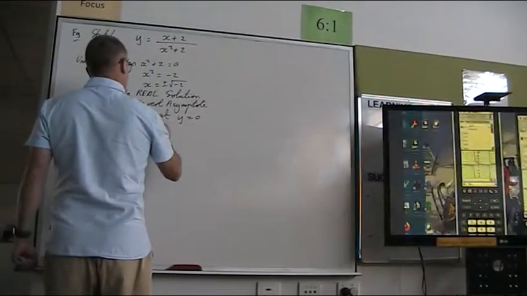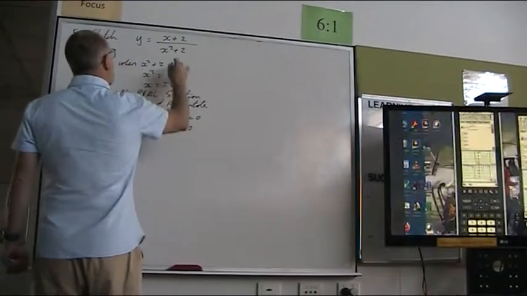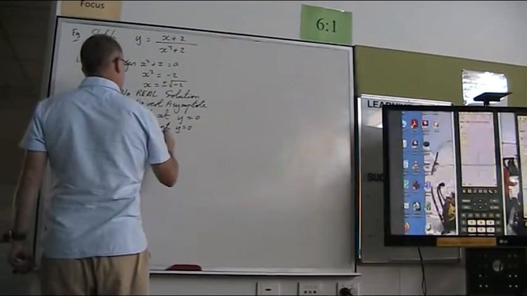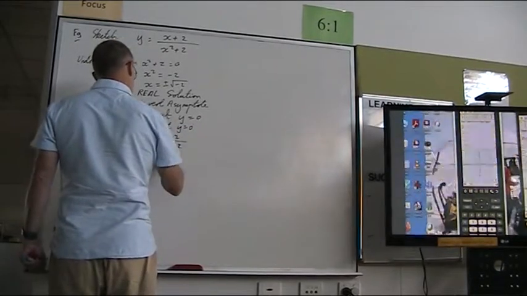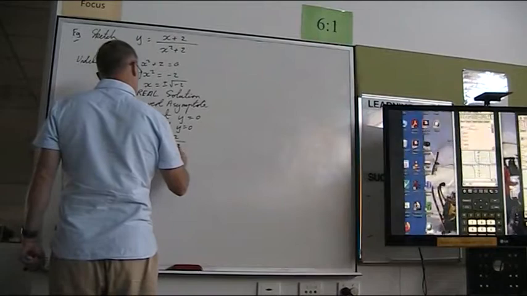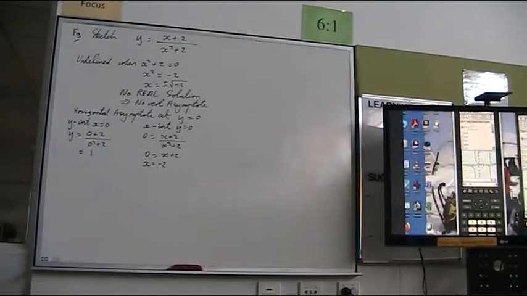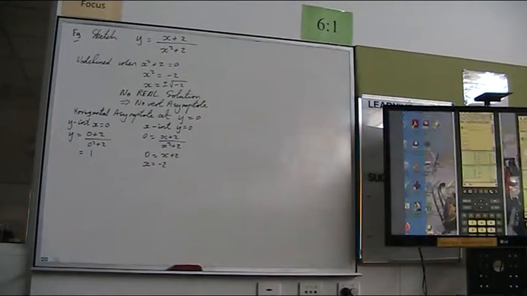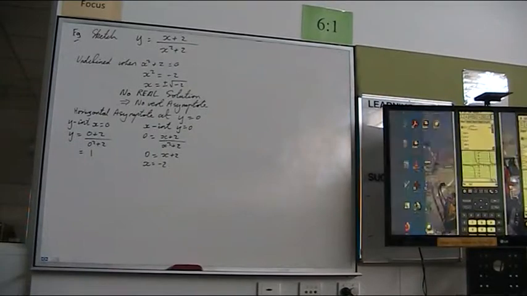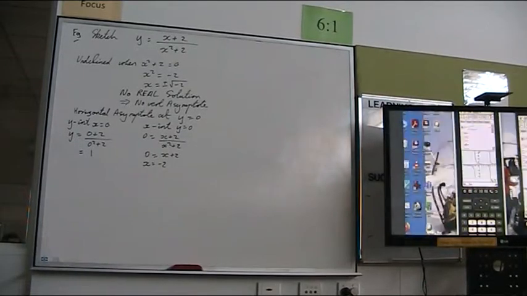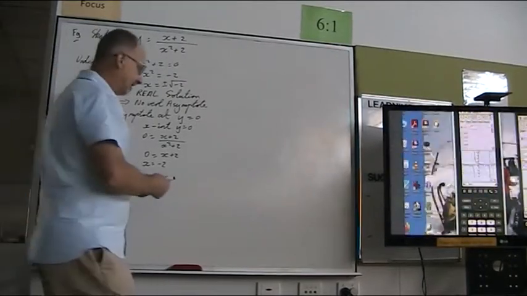x-intercepts, y equals 0. So if y equals 0, 0 equals x plus 2 on x squared plus 2. So x equals -2. So again, we've got a situation where our asymptote's not always an asymptote. It cuts through the asymptote. All right.